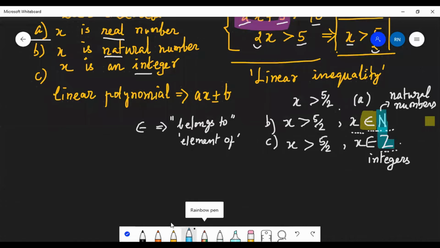Now let us try to solve a few of the inequality questions. I am copying one question from an assignment, and I will now paste it on the board here.